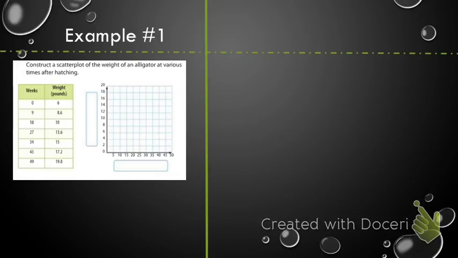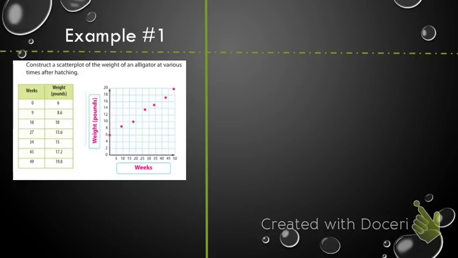Here we have to determine which is my X and which is my Y. We know our X is weeks, so it depends on how many weeks it is for the weight of our alligator after hatching. So here's how the graph would look. If you notice, it is linear.